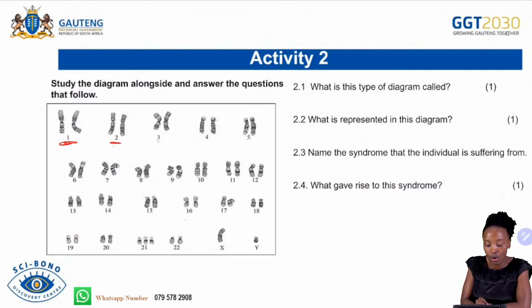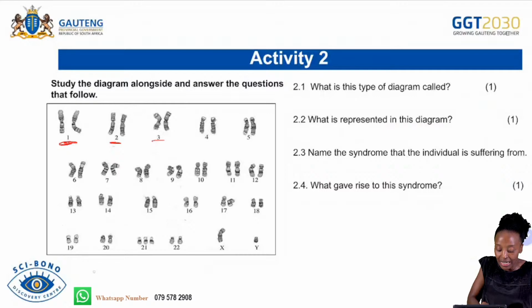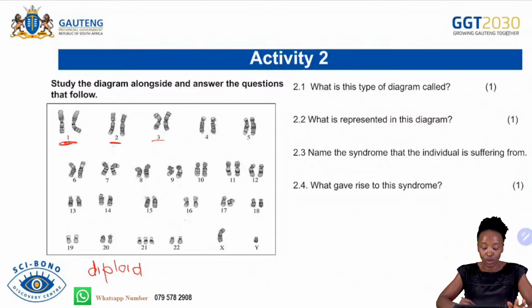So these are homologous chromosomes. In other words, what is represented here is a cell that is diploid, because the chromosomes are in pairs. If we count them, if it's a normal one, we'll come up to 46. But the pairs are how many? 23. So this is what we have.